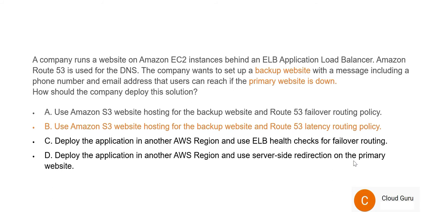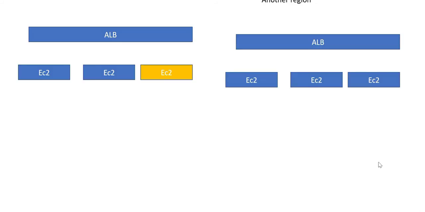Now if you see A and B, it is almost similar, except that A uses failover routing and B uses latency routing. So what is latency routing used for? Take this example. You have the same application in two regions. Suppose this region is North America, and this other region is Europe.